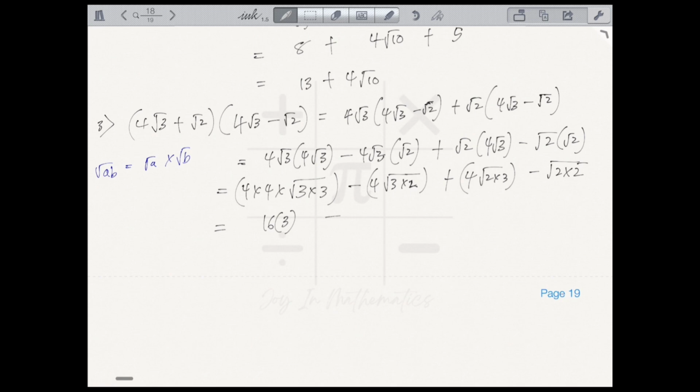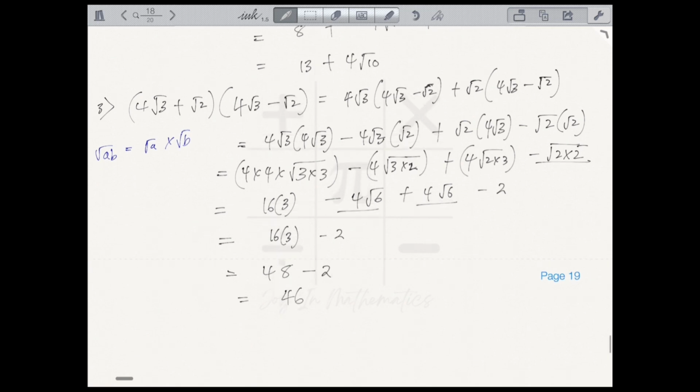And we'll have 4 root 6 here, and also we'll have 4 root 6, and then minus root 2 times 2, which is minus 2. The minus 4 root 6 and plus 4 root 6 will nullify each other, and therefore we'll be left with 16 times 3 minus 2. So this will give us 48 minus 2, which is equal to 46.